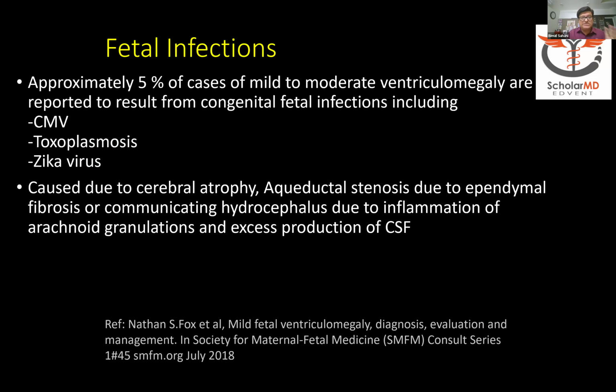Fetal infections, yes, 5% of cases of mild to moderate ventriculomegaly are reported to result from congenital fetal infections, including CMV, Toxoplasma, Zika. Since the Zika epidemic took place, even today when you open recent articles on microcephaly or ventriculomegaly, you will find a lot of reference to Zika coming in, because this suddenly became very, very important after the epidemic of Zika.